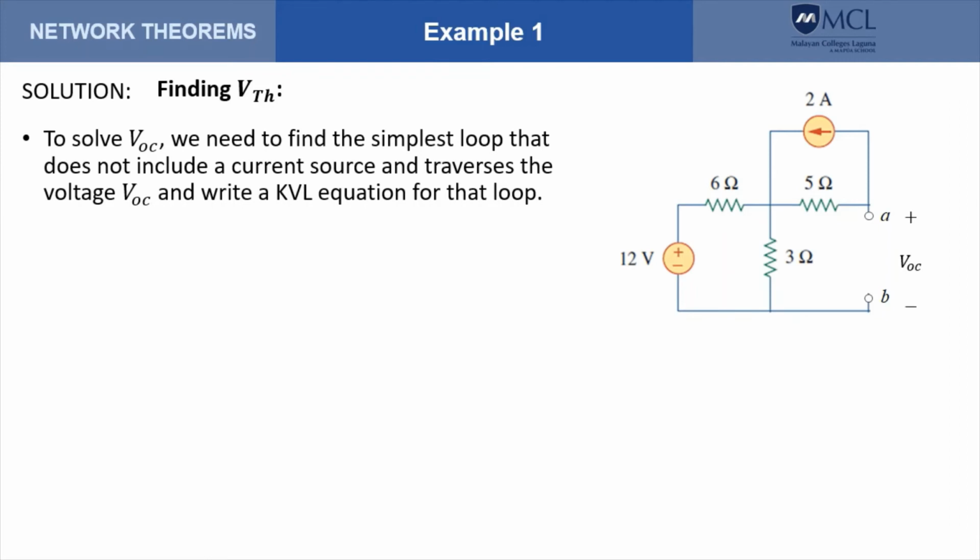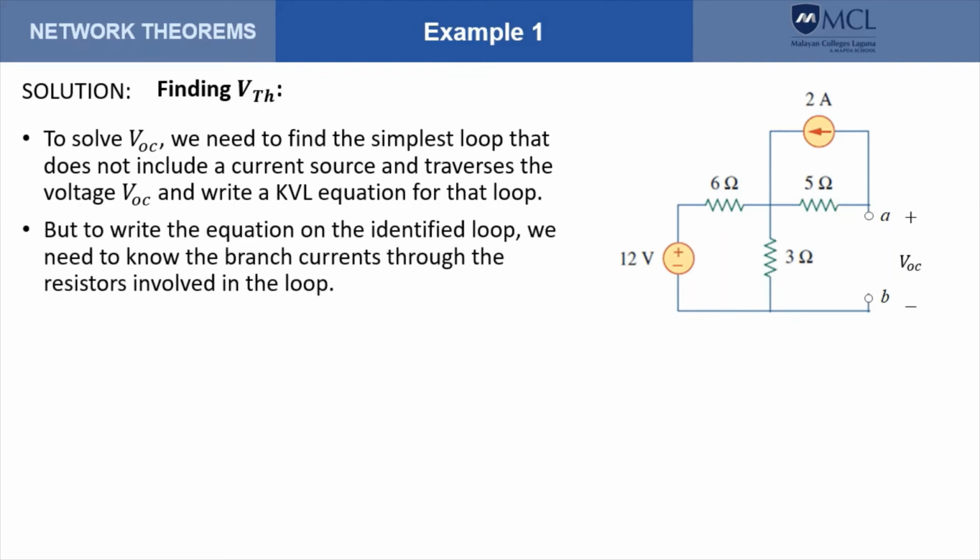Now, in order to write the equation there, we need to know the current that is flowing through these resistors. Let's assume those currents. Assuming those are the currents there, I have also identified the polarity of the voltage across those resistances based on the direction of the current.